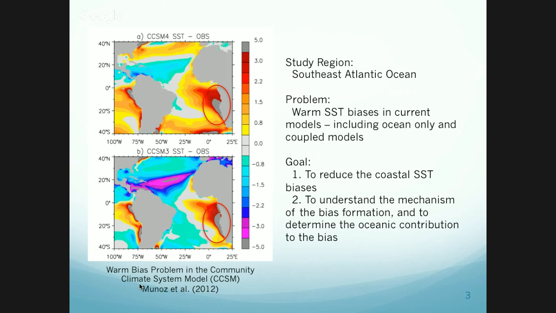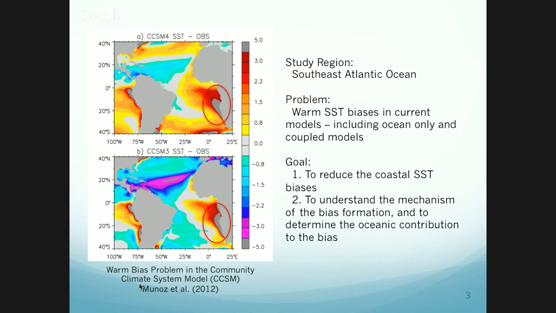These are for CCSM4 and 3 SST. This is the region that we're concerned about, in the Southeast Atlantic, along the Benguela coast of Africa. There is a very prominent SST warm bias in the model.